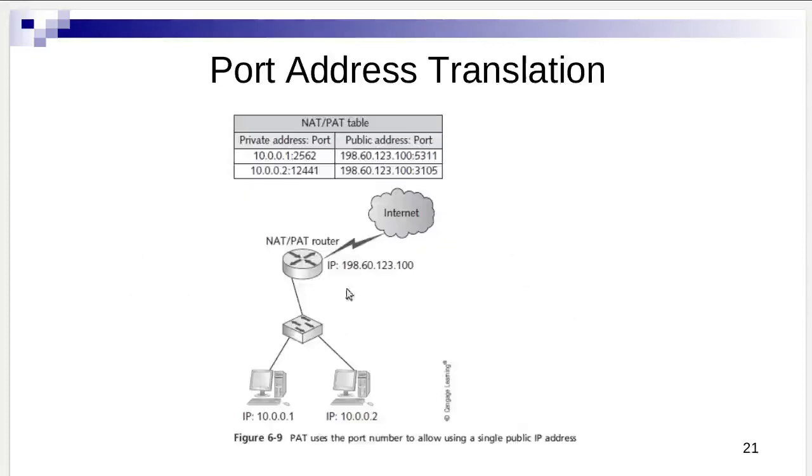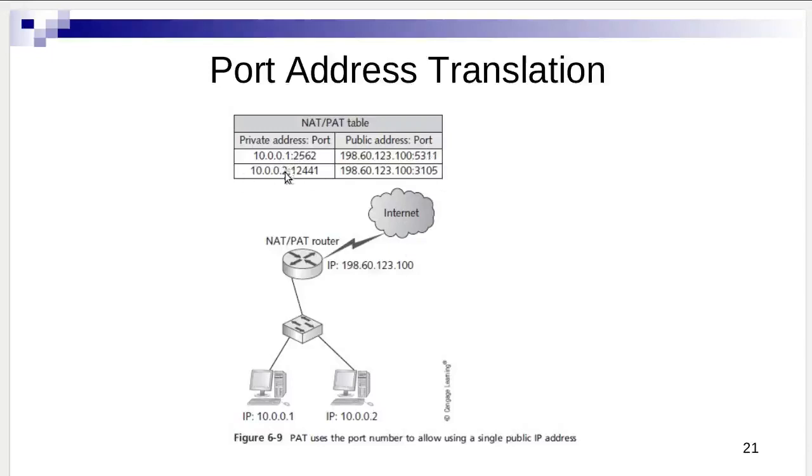So here's another example. In this case, you have 10.0.0.1 and 10.0.0.2 going to a NAT router with port address translation, and it uses a single IP 198.60.123.100, but the 10.0.0.1 machine is given the port 5311 on the outside, and then the 10.0.0.2 IP address machine is given the port number 3105.